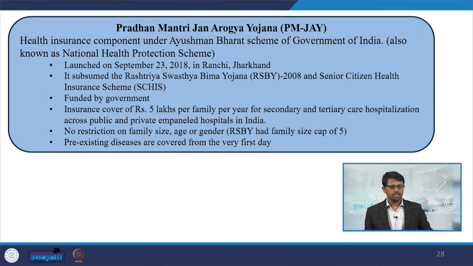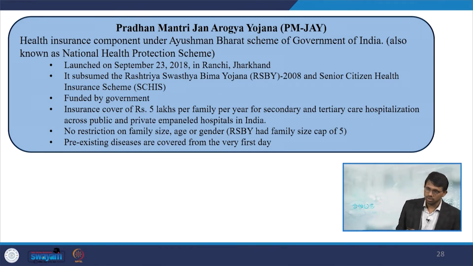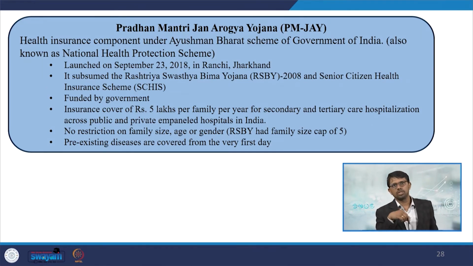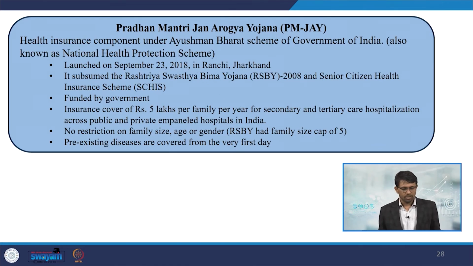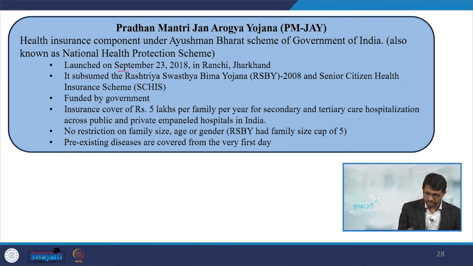Another important policy, as I already told you, the latest policy, is PMJY. It is not just the coverage of the RSBY; it is the health insurance component under the Ayushman Bharat scheme of the Government of India, also known as the National Health Protection Scheme. It was launched on October 23rd, 2018 in Ranchi, Jharkhand.